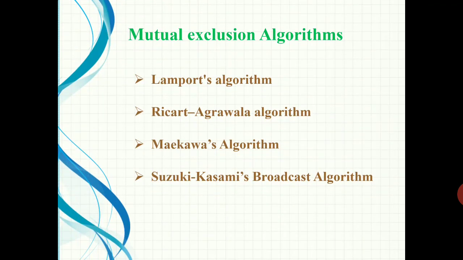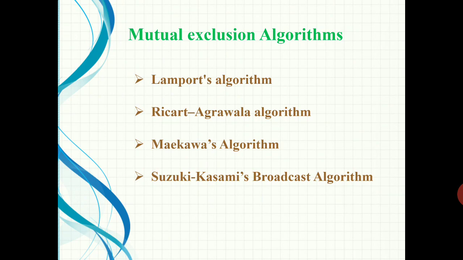There are a number of mutual exclusion algorithms available. Some of them are Lamport's algorithm, Ricart-Agrawala algorithm, Maekawa's algorithm, and Suzuki-Kasami broadcast algorithm. We will discuss each and every algorithm in the coming sections.